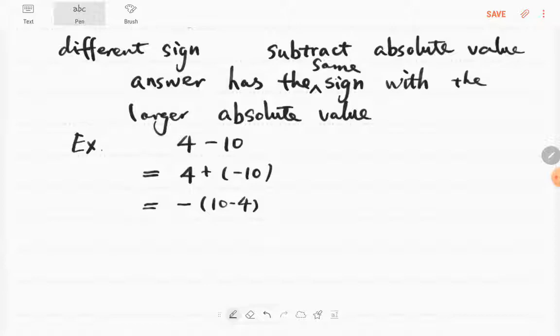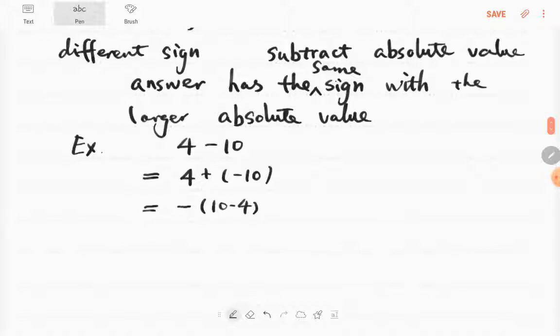The absolute value of negative 10 is 10, and the absolute value of 4 is 4. So the difference between these two absolute values is 10 minus 4. So the final answer will be negative 6. Okay.